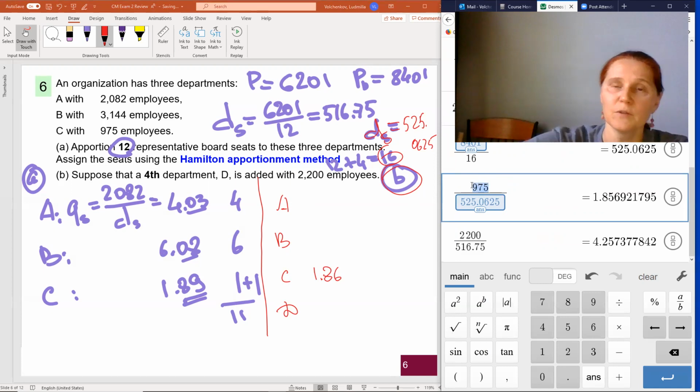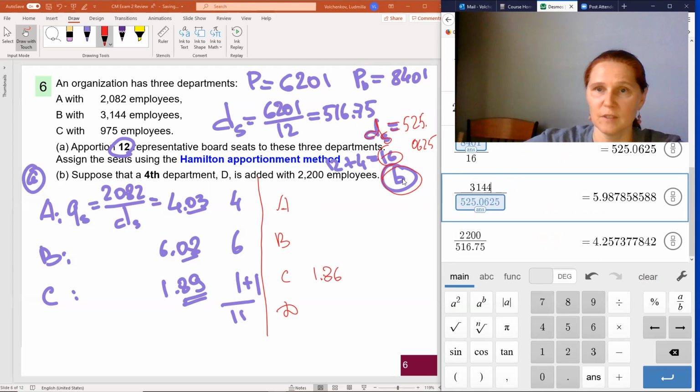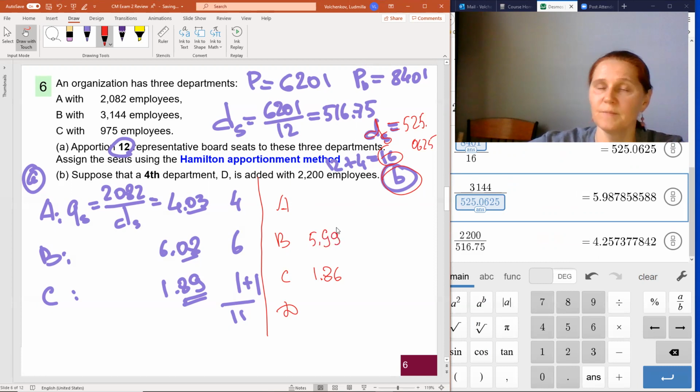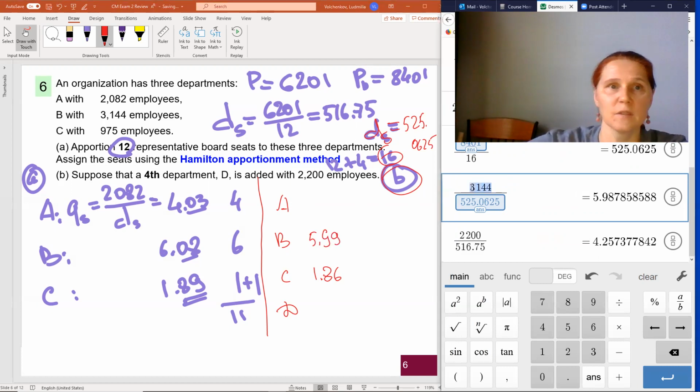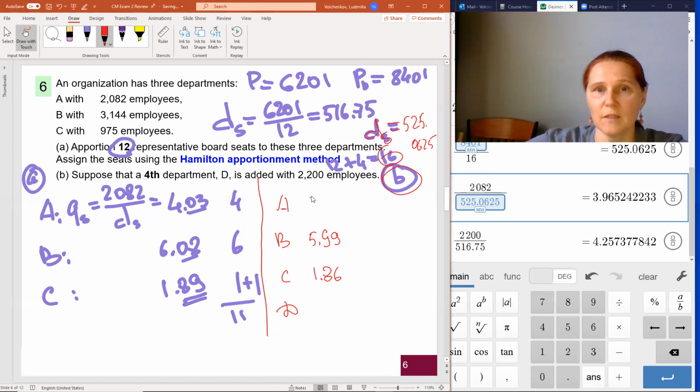For B, it will be 3144 divided by the standard divisor, 5.99. For A, 2082 divided by the standard divisor, it is 3.97.